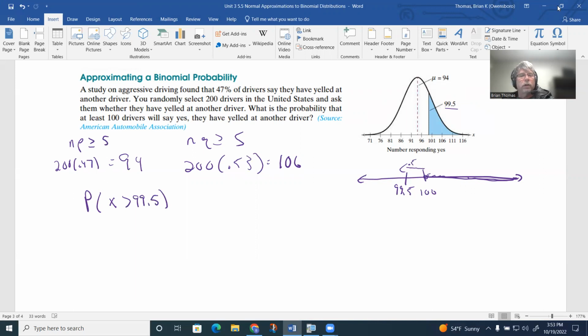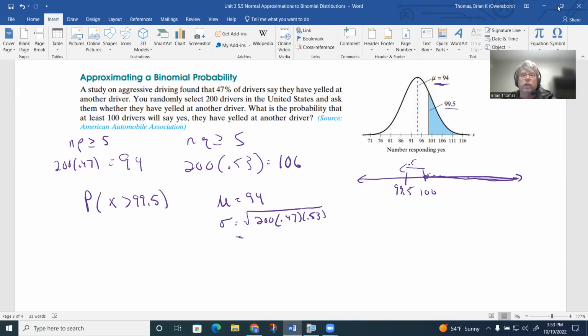But to do that, not only do we need to know that, but we need to know the mean, which was the 94. And you can also see it up there. The mean was 94. But to do the standard deviation, we still need to do the square root of the 200 times the 0.47 times the 0.53 to get our standard deviation.